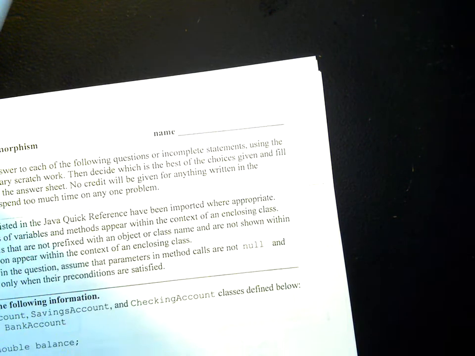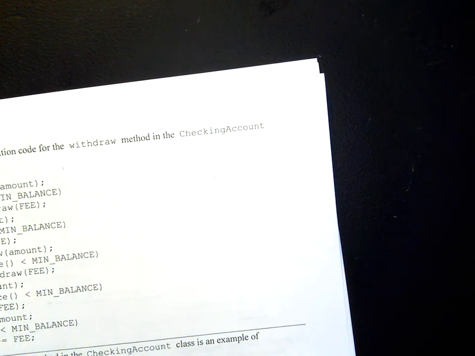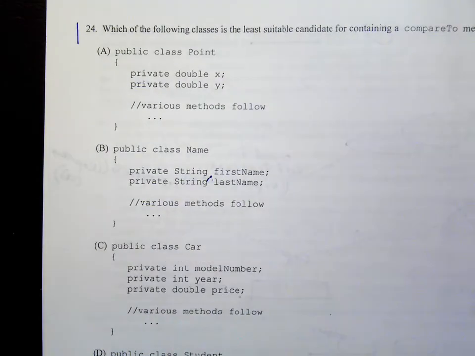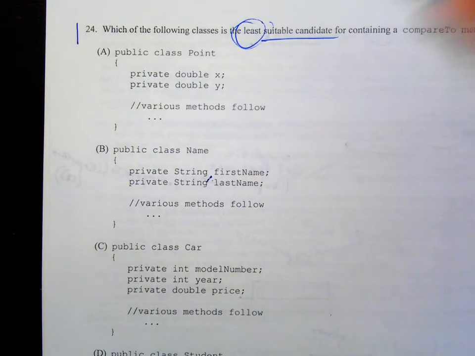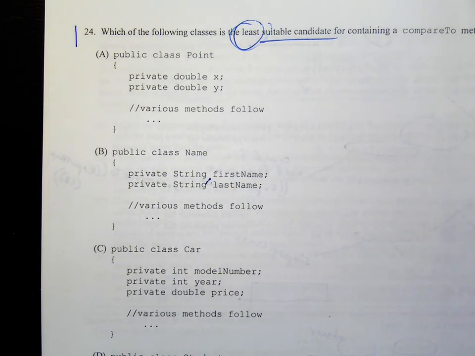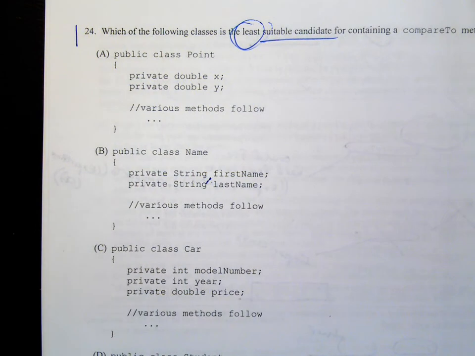I think the only other question I skipped today was 24. Which of the following classes is the least suitable candidate for containing a compareTo? Can you compare points? Yeah, I think you compare their X and Y values.